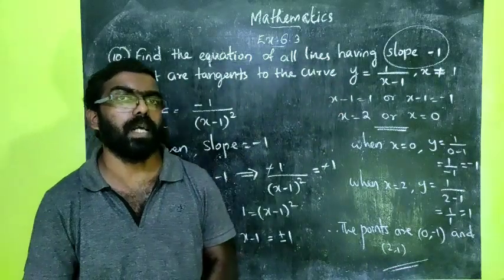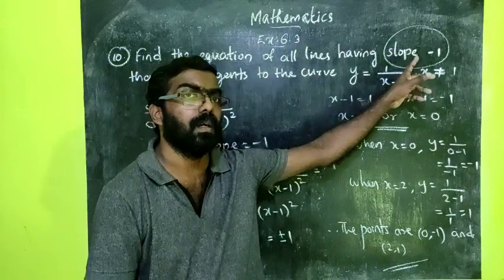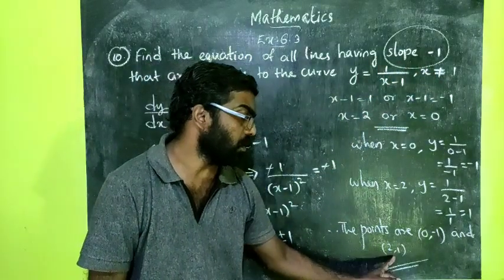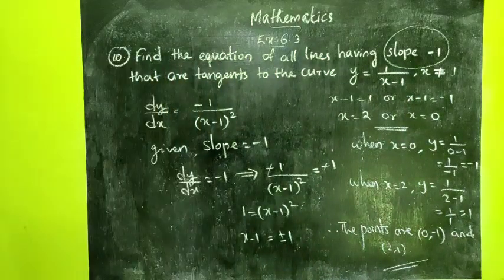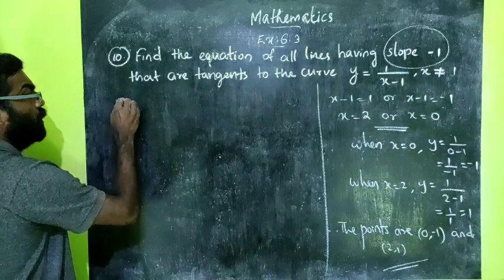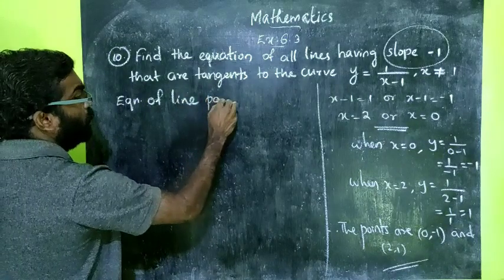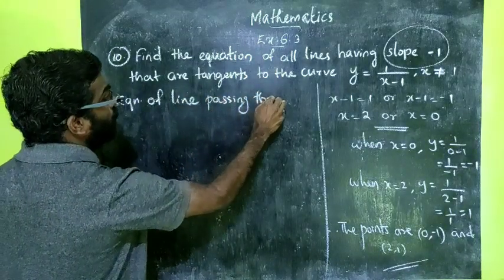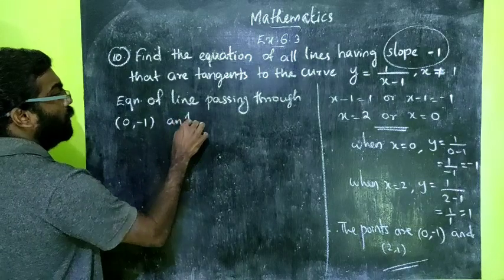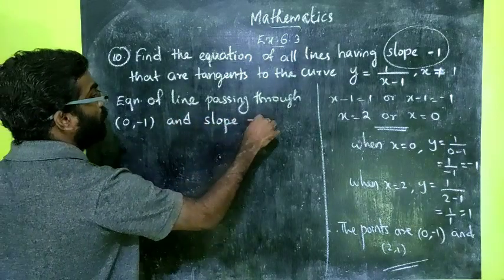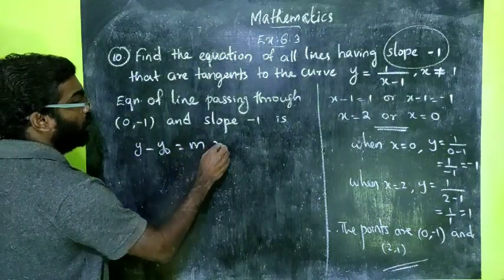Now we have to write the equation of lines passing through 0 comma minus 1 and slope minus 1, and again the equation of line passing through 2 comma 1 with the slope minus 1. We will get two equations. So first, the equation of line passing through the point 0 comma minus 1 and slope minus 1: our equation is y minus y0 is equal to m into x minus x0.